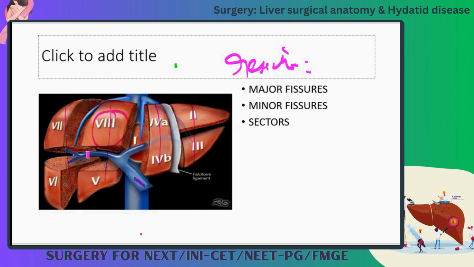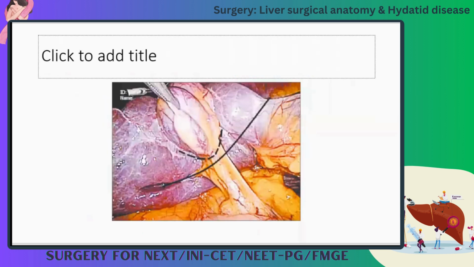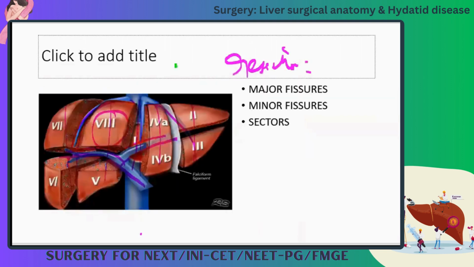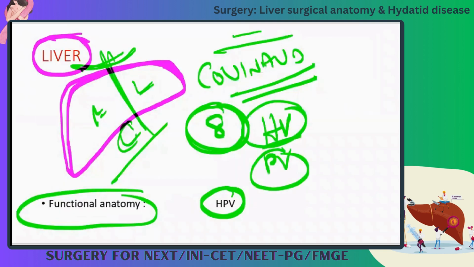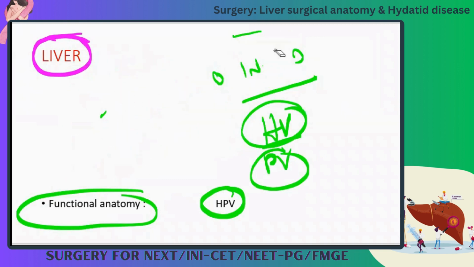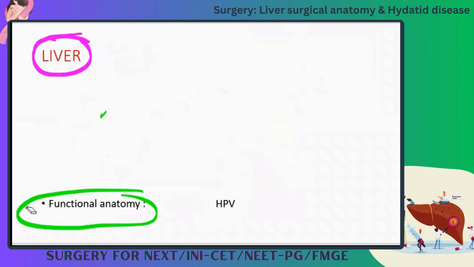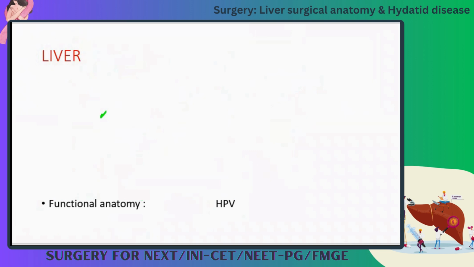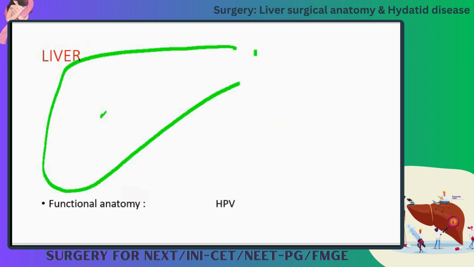Okay, so this is the portal vein, and these are the hepatic veins. I'll just draw in another picture. See here, suppose this is the normal liver.